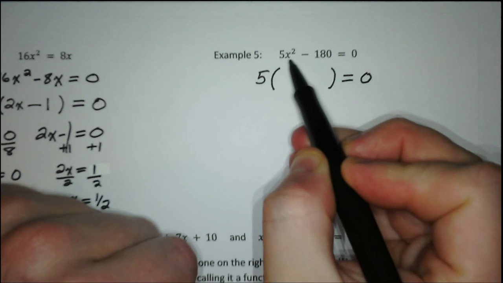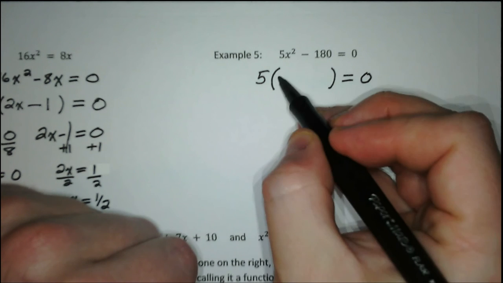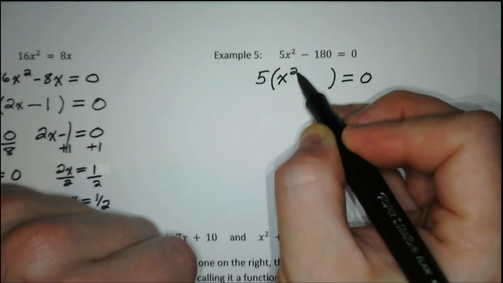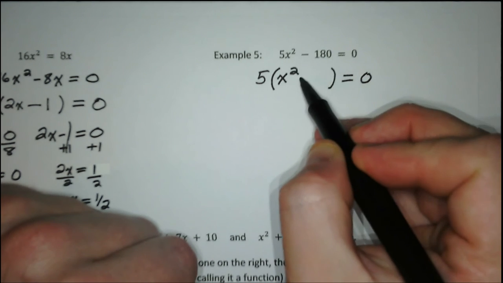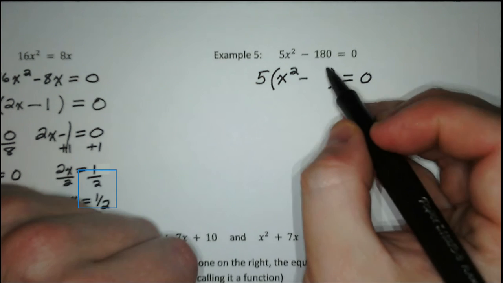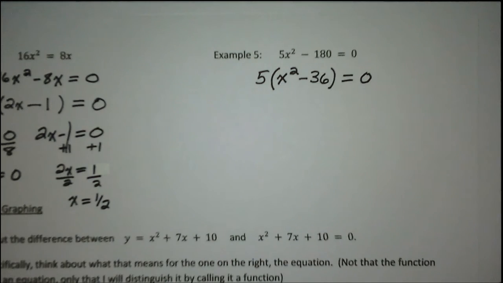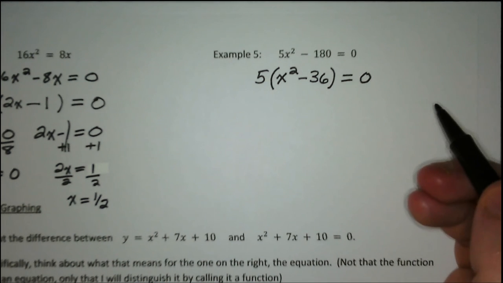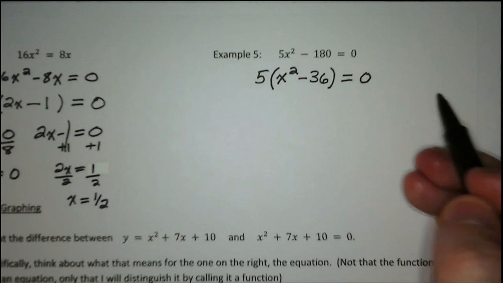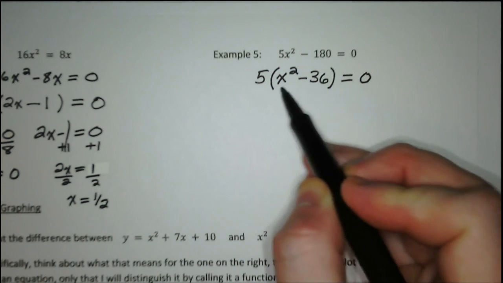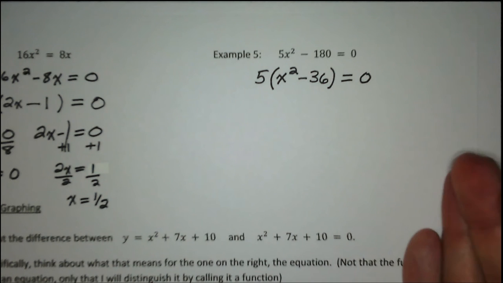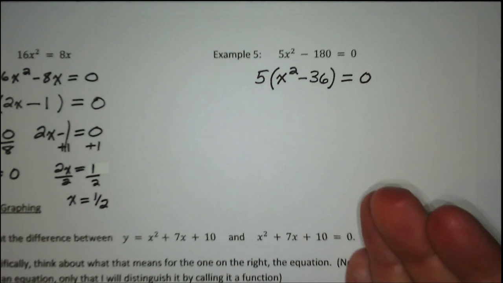So when you divide a 5 away from both terms, from that term you are left with an x squared, and from that term we are left with a 36, I believe. All right, so that's where we're at. Now, mini plot twist. This factor right here can factor again.